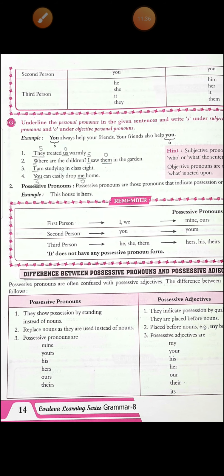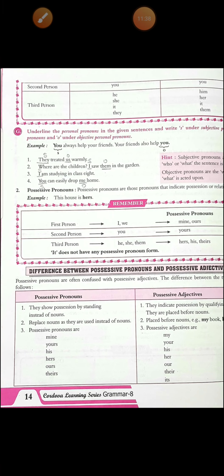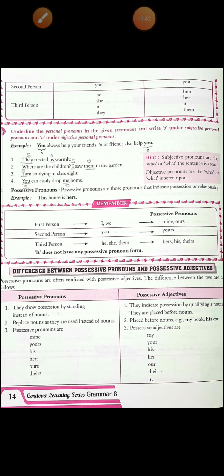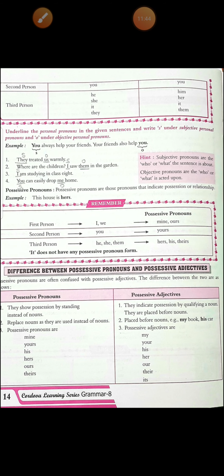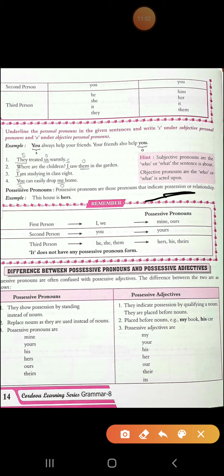Let's come to the next type, possessive pronouns. Possessive pronouns are those pronouns that indicate possession or relationship. Possession means ownership, owns it. If I say that is mine, this word mine is possessive. It shows possession.